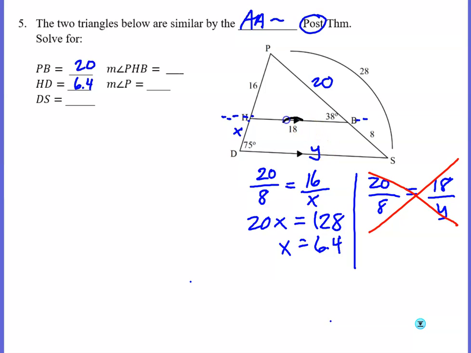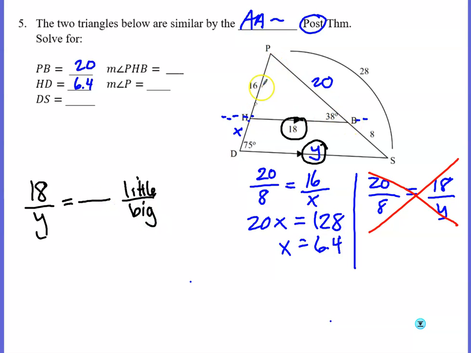So if we want to solve for the lengths that are actually the parallel lines themselves, 18 to y, you have to go back to little triangle over big triangle side. So what's one of the sides in the little triangle? We know more, but I probably would use 20 since I know the whole thing. So 20 is one of the little sides. And then what's the big side that matches with 20? The big side that goes with 20 is the whole thing, 28.